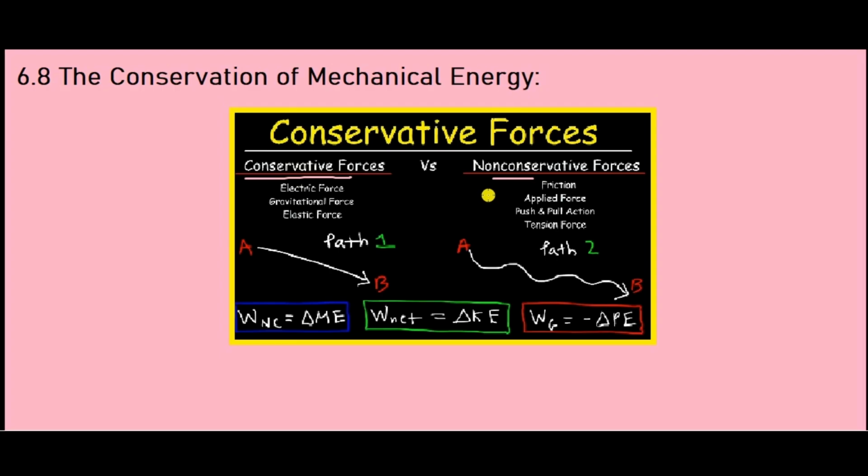That is, they do equal work between 2 points irrespective of the path. That is, from the point A to B, if the object wants to move, it is going to do the same amount of work. Whatever the path it follows, that won't affect the net work done.